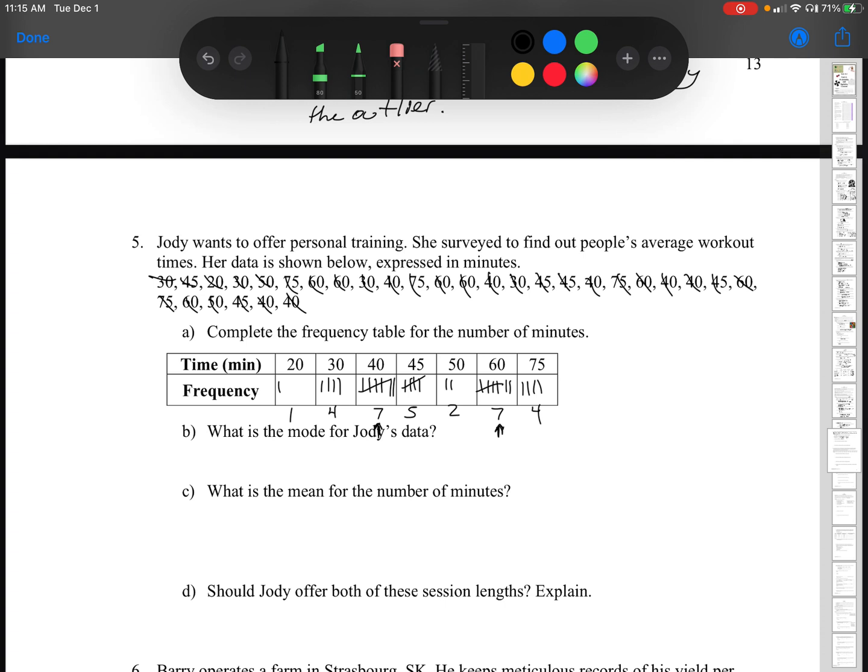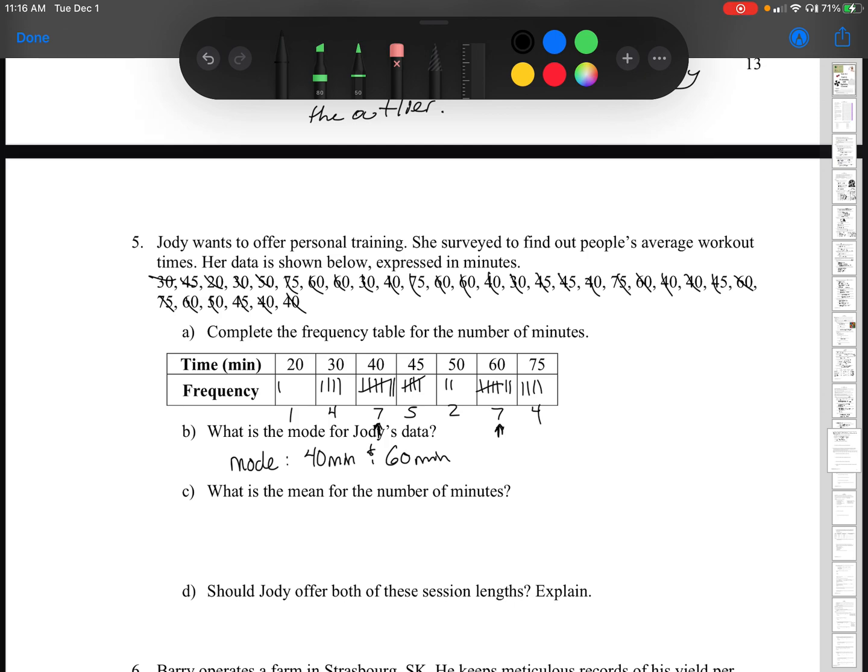You'll notice that both 40 and 60 minutes have 7. So the mode is actually 2 data points in this case, which is 40 minutes and 60 minutes.